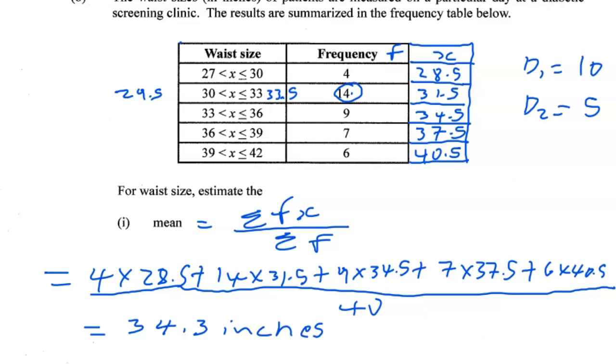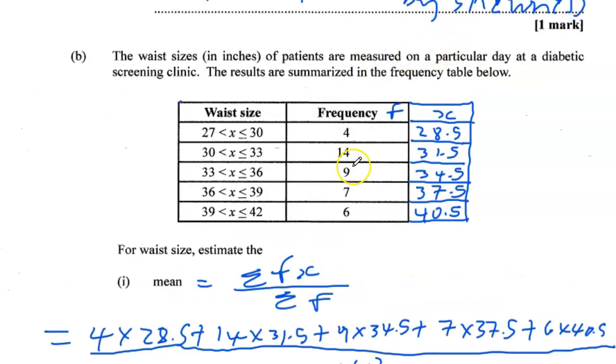Here's the table. Now, notice the median is a middle number. Remember we have 40 patients in the data set.